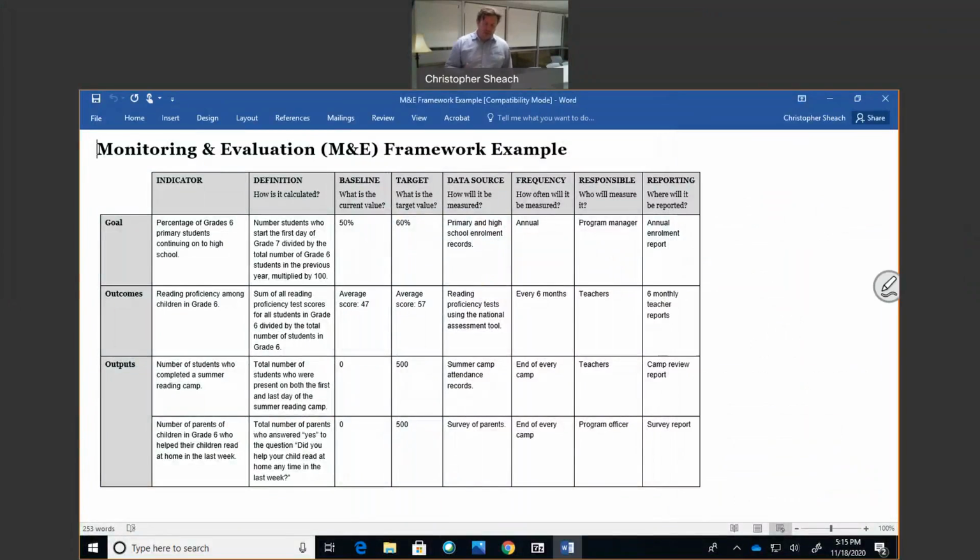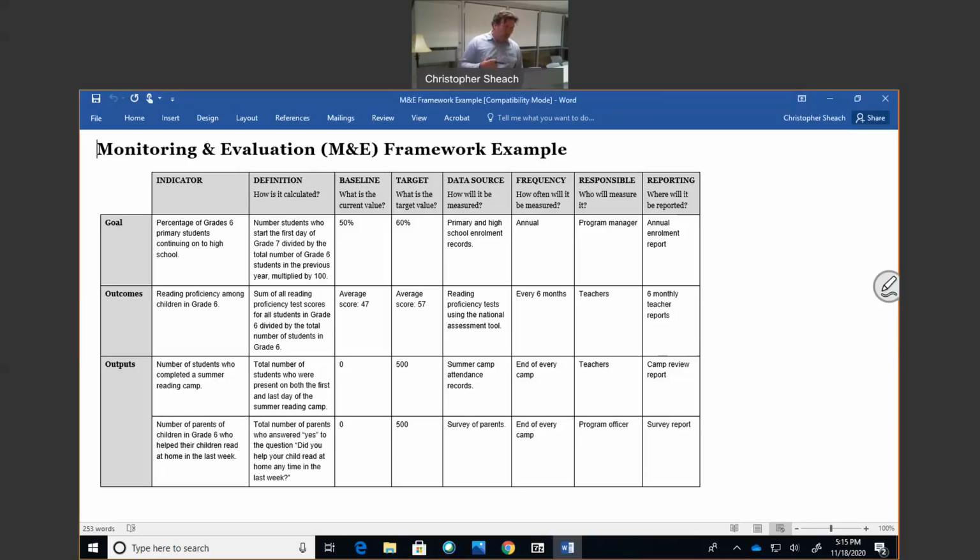Here we have an example of a monitoring and evaluation framework. Remember that it is monitoring during the program and evaluating at specific points, maybe in the middle, maybe a couple of times, but definitely also at the end, evaluating for progress against these indicators.